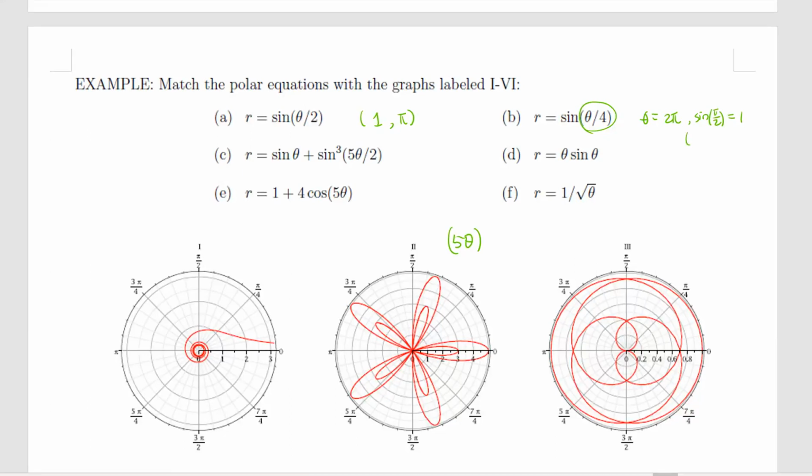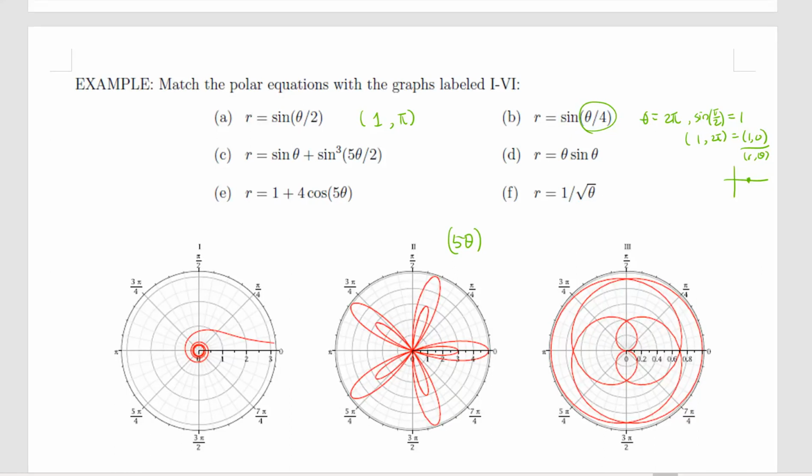So 2 pi corresponds to the point (1, 2 pi), which is the same as (1, 0). Sorry, this is (r, theta), so the angle is 0 and it goes forward 1 unit. So it corresponds to (1, 0). Do we have (1, 0) here? No, so not this graph.